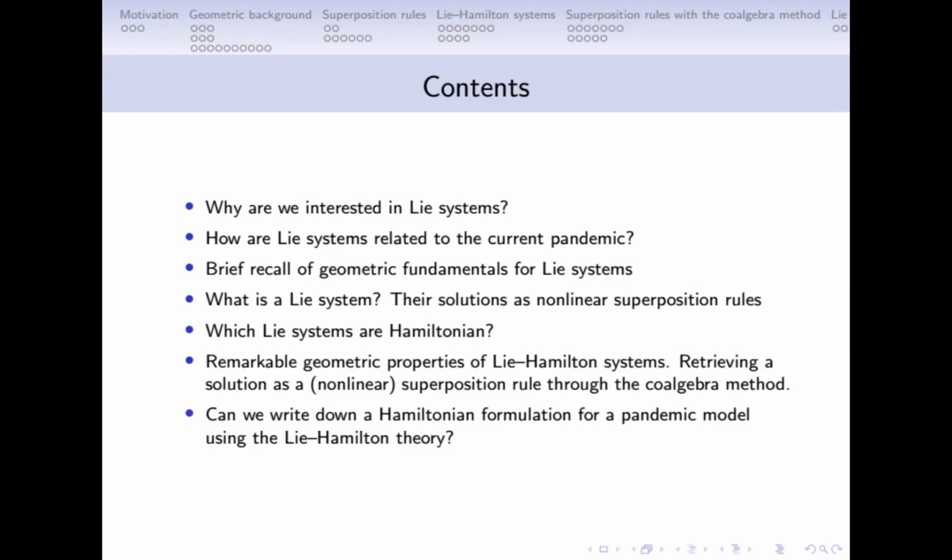And we will retrieve through some methods how we can get solutions in terms of superposition rules using their geometric structure underneath. And the last question would be if we can write down a Hamiltonian formulation, from the point of view of Lie systems, for a pandemic model that could be similar to what's happening with COVID.